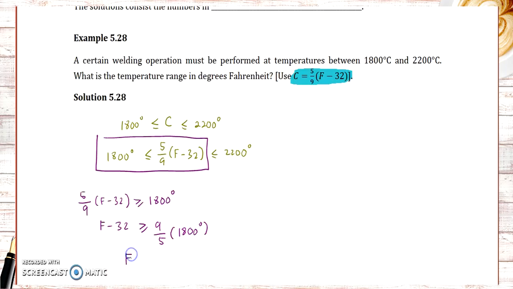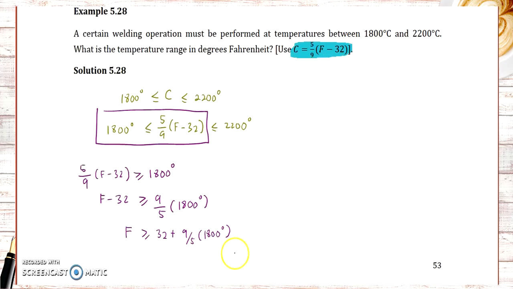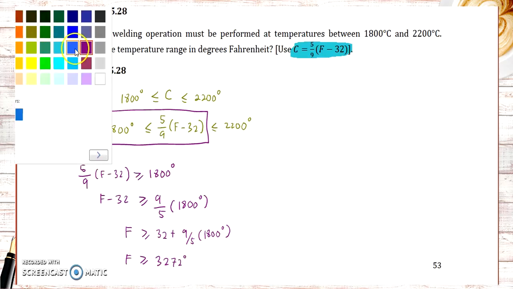Now we have F greater than or equal to 32 plus 9/5 times 1800 degrees. Solving this gives us F greater than or equal to 3272 degrees.